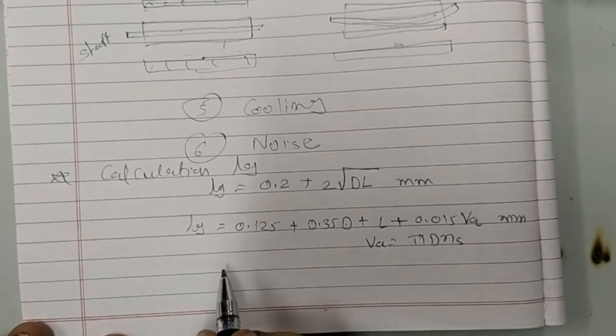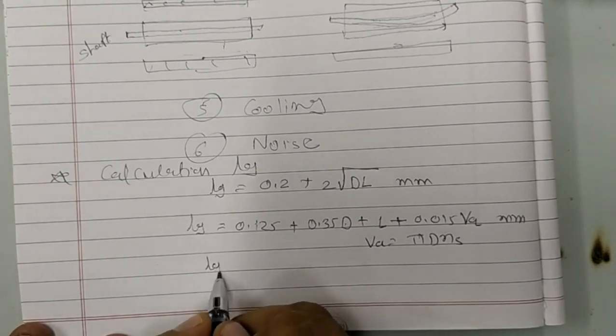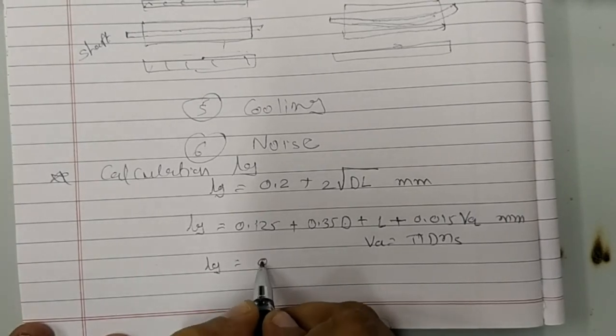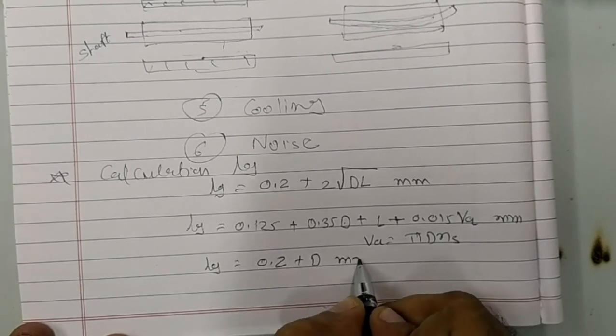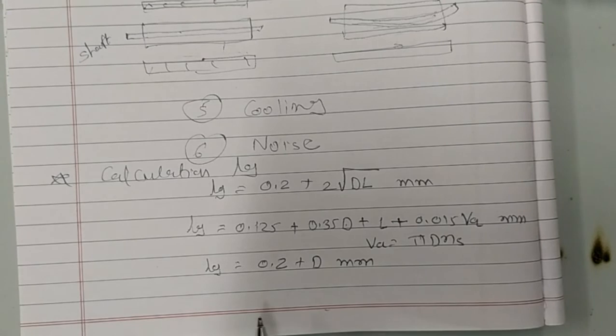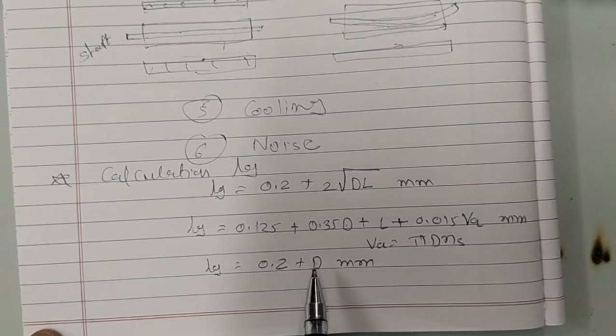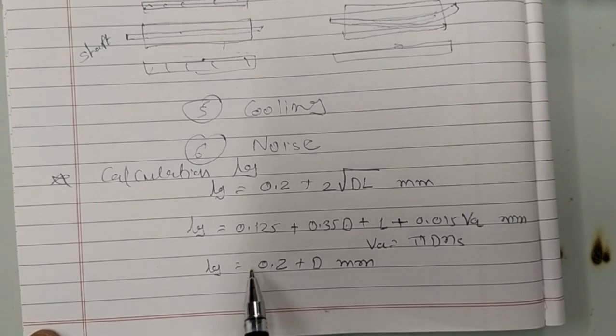One more equation is there. The third equation of Lg is a very simple equation: 0.2 plus D. The simplest equation: 0.2 plus D, whatever you have calculated. Take it in meters, and whatever numerical value you get, that many mm is your length of the air gap.